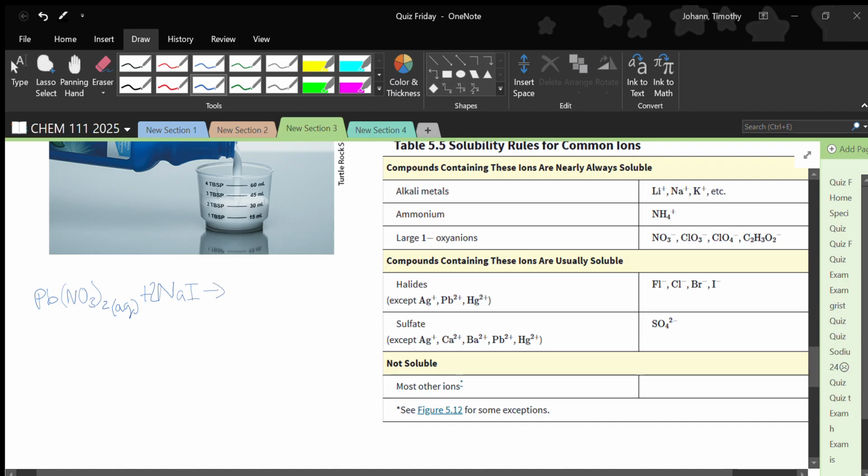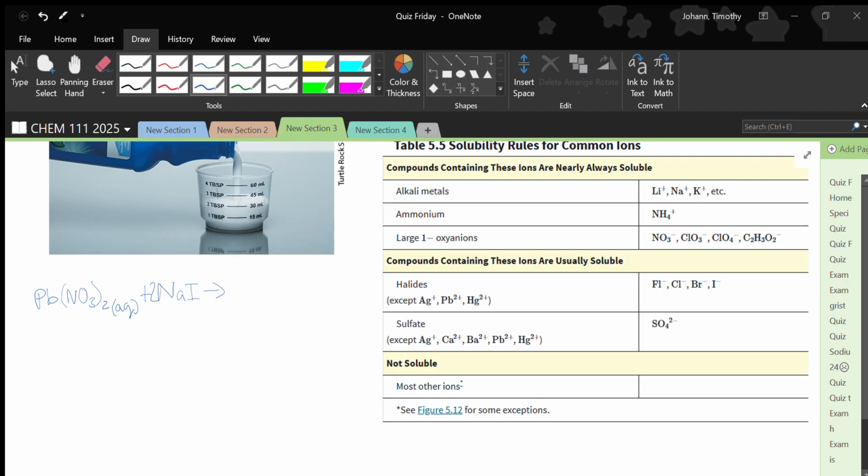So this is a double displacement reaction, right? Remember our double displacement reactions? We swap partners, right? So the iodides are going to go with the leads and the nitrates are going to go with the sodiums. How about lead iodide? So you need to be able to do this, right?